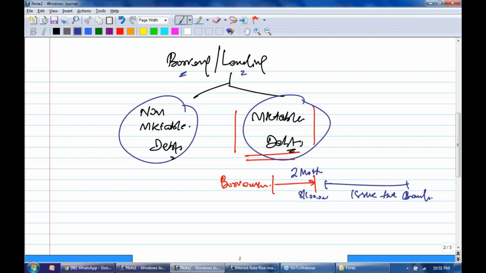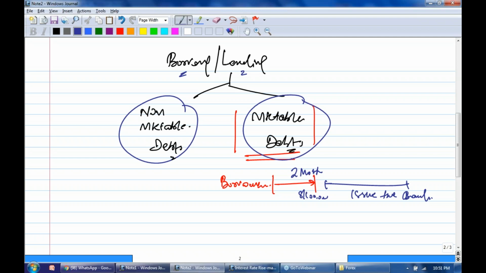So for example, again as a borrower, the company wants to borrow money from the market and issue bonds. The company wants that after 2 months, we will issue the bond with a certain percentage. For example, today the rate of interest is 6%. The company wants to issue the bonds after 2 months at the same 6%.